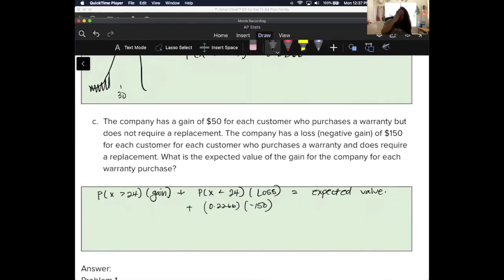Then the probability that someone doesn't have a battery that stops working is 1 minus 0.2266, times the $50. If I put this into my calculator, I would get $4.68. So the company is expected to gain $4.68 for each warranty that is sold.